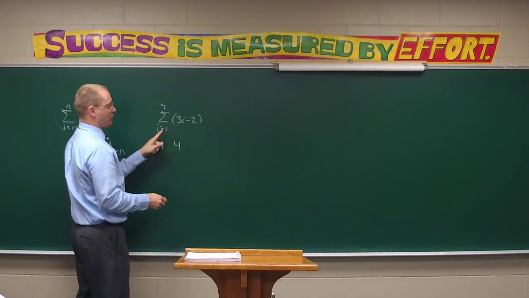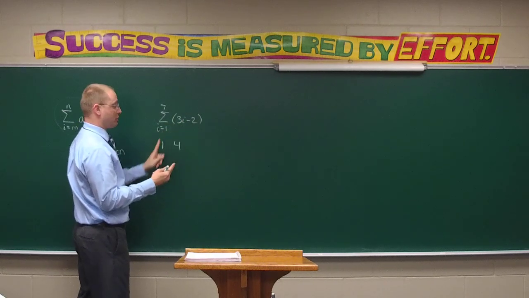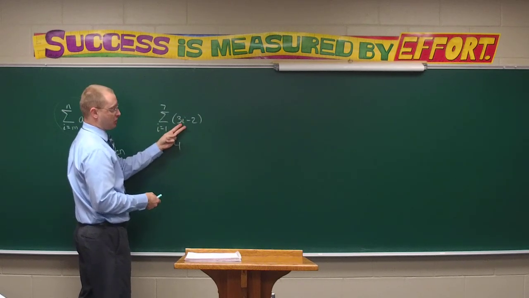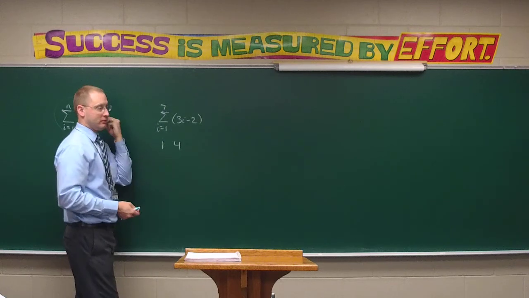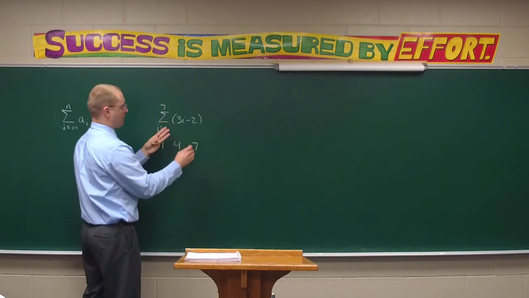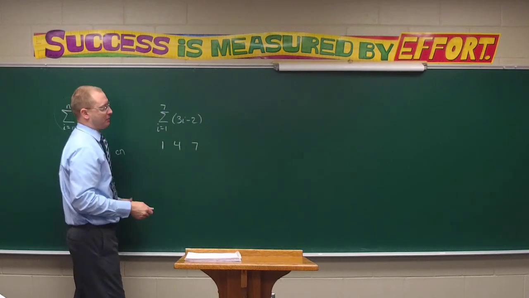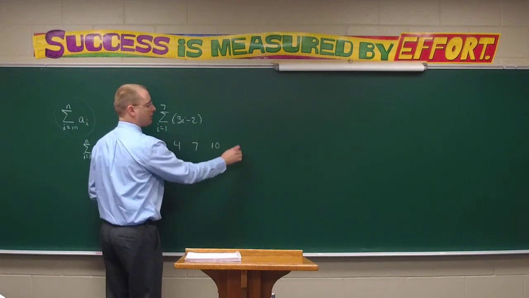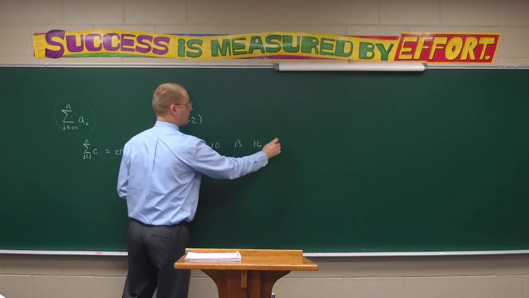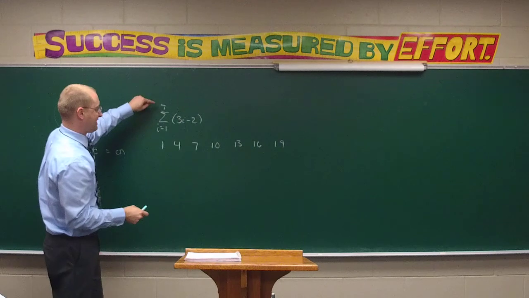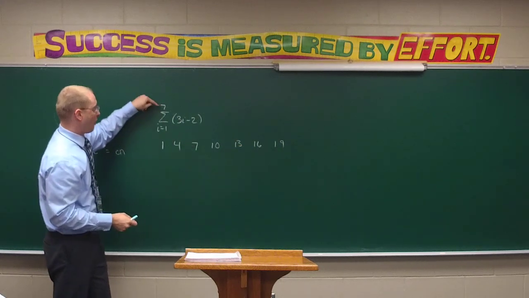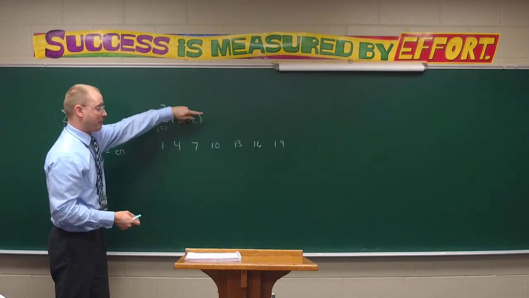Because we're plugging it in, right? So 3 times 1 is 3 minus 2 is 1. 3 times 2 is 6 minus 2 is 4. Then we plug in a 3, and we get 7. Do you notice a pattern? What's the next number going to be? 10. And that goes all the way up to 7, so we should have 7 values plugged in. Or you could check 3 times 7, 21 minus 2 is 19.